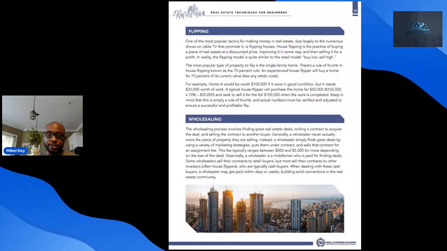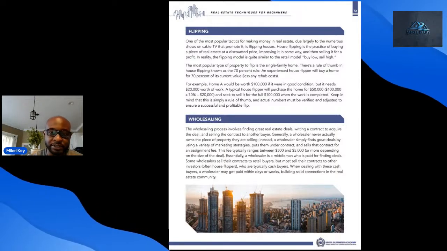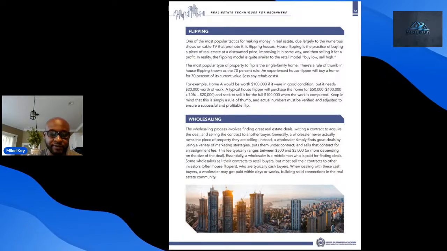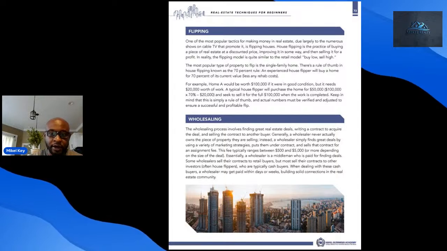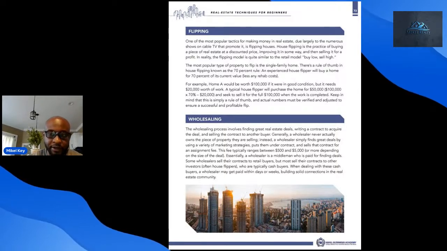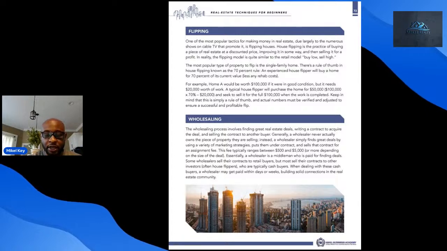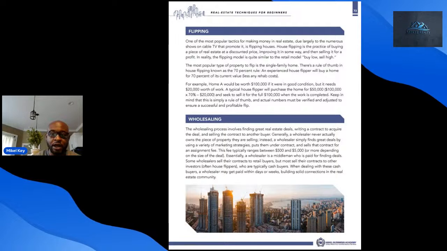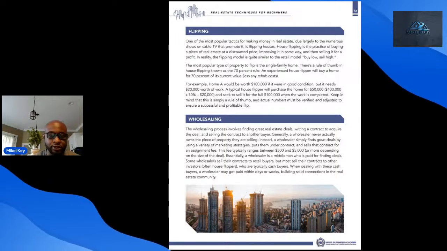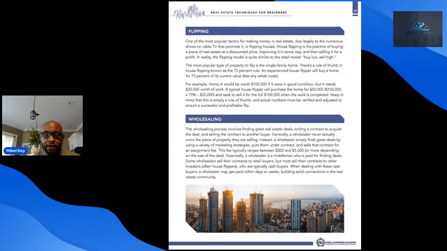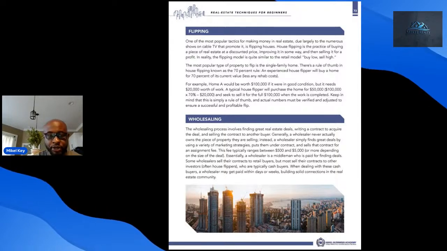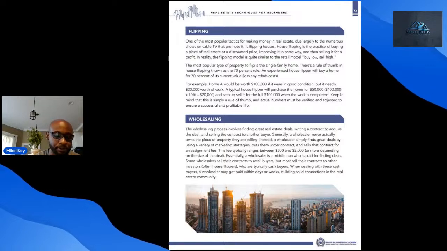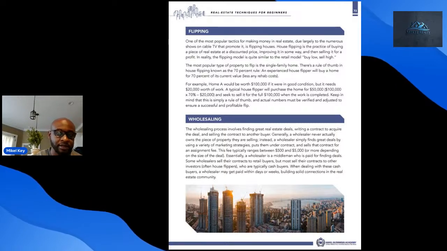Now, with the 70% rule, what this says is that you don't want to invest more than 70% of the home's after repair value in the renovation cost and the cost to purchase the property. So, for example, if the after repair value is $100,000, that means you can invest no more than $70,000, because 70% of $100,000 is $70,000.